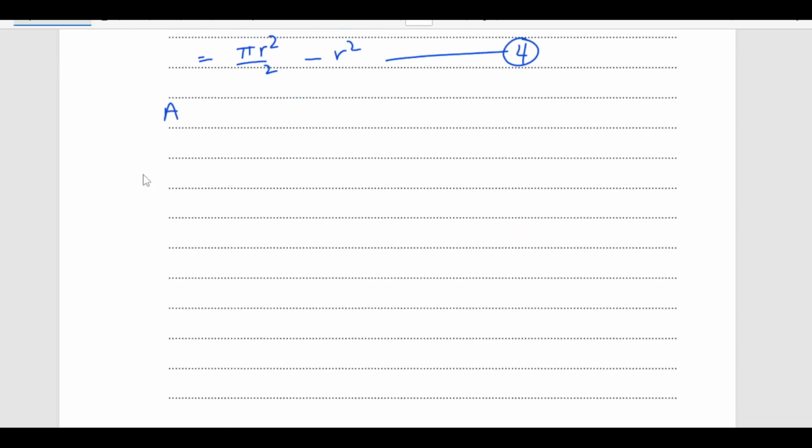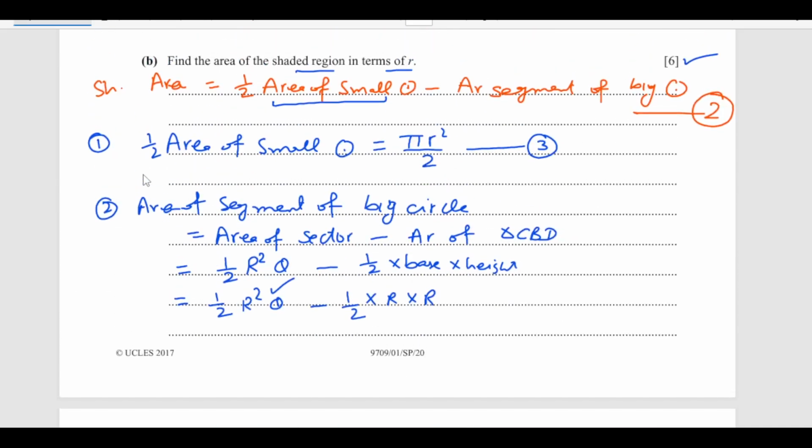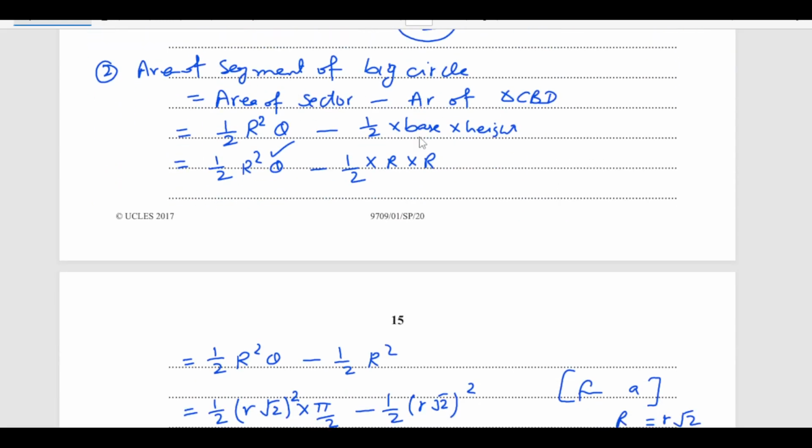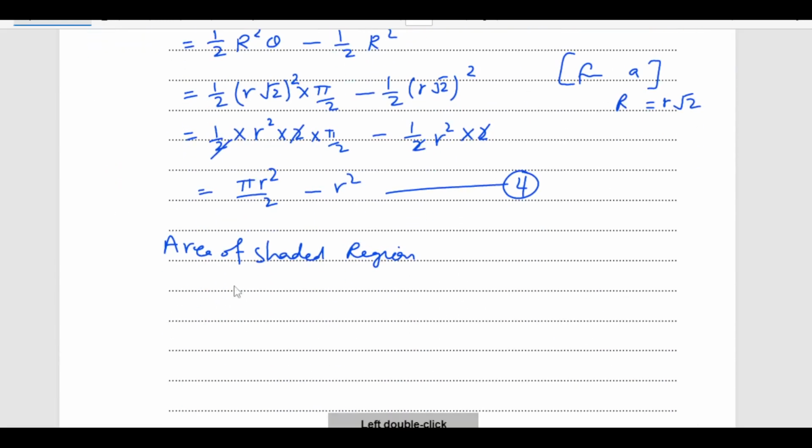area of shaded region. This is from equation number 2, that is in red, half the area of the smaller circle. So, this area minus the one we got in equation 4, we are going to subtract that.